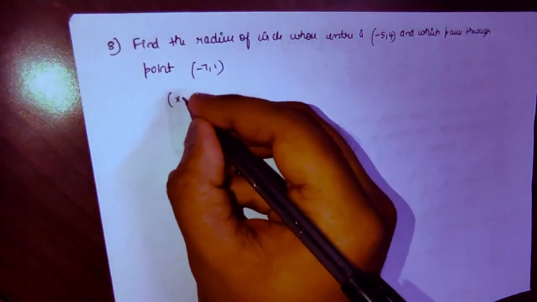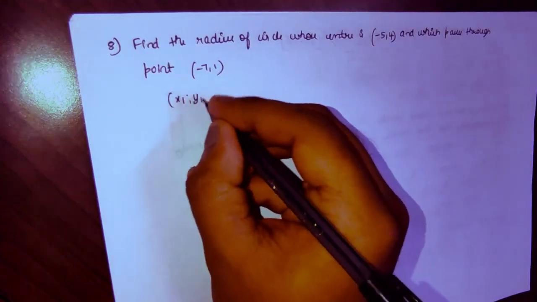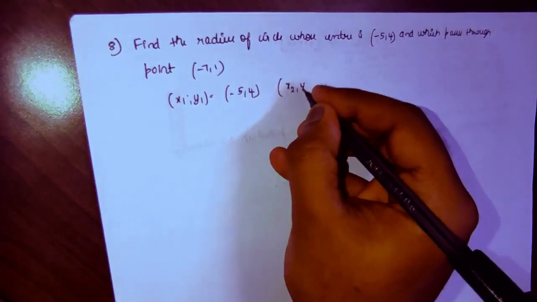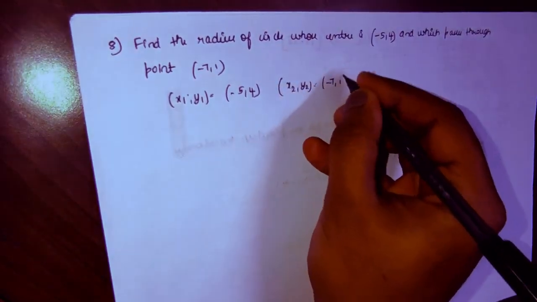They are given the first point, that is x1, y1 equal to (minus 5, 4), and x2, y2 equal to (minus 7, 1).